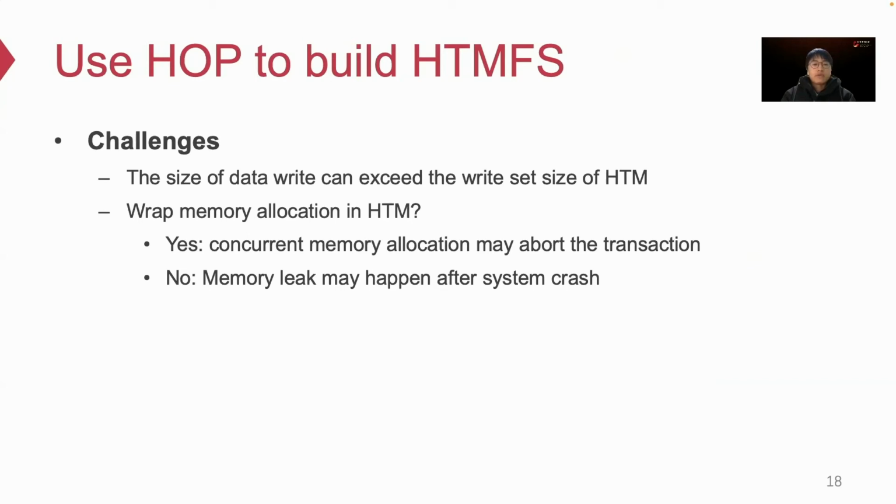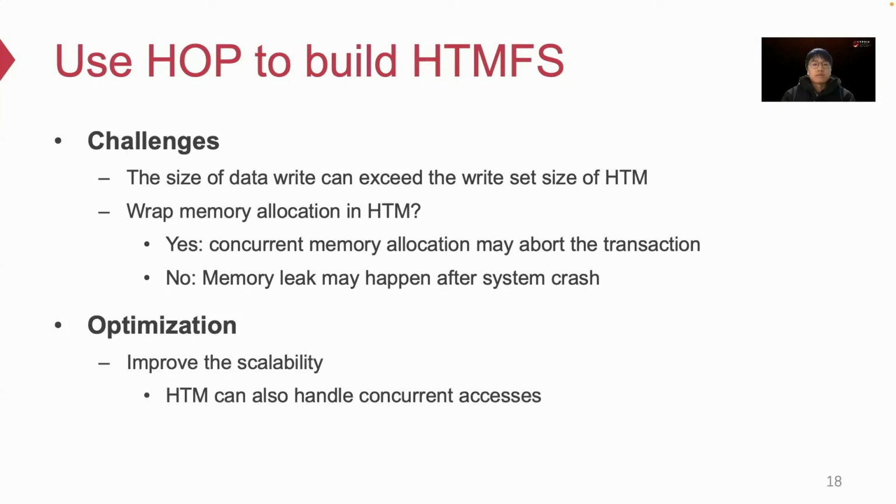And if we leave it outside, after a system crash the allocated pages that have not been linked in the file system tree may be leaked. At the same time, we observe that transactions could have been used to handle concurrent access. HTM can help us to get strong crash consistency while also solving concurrency problems.